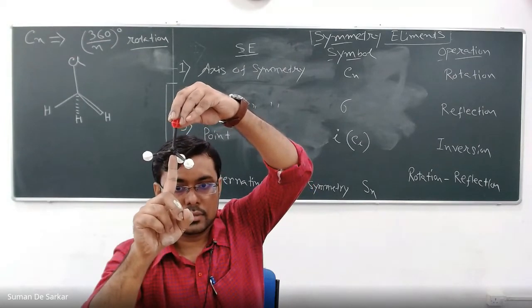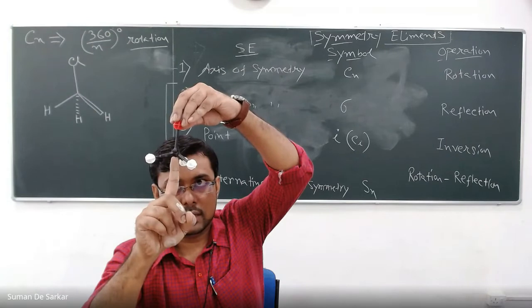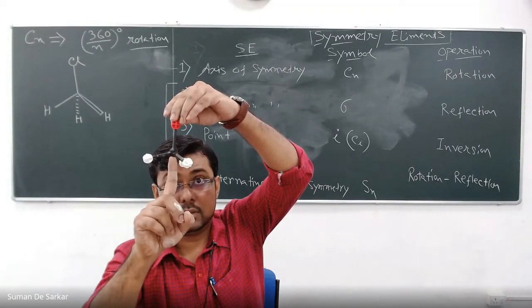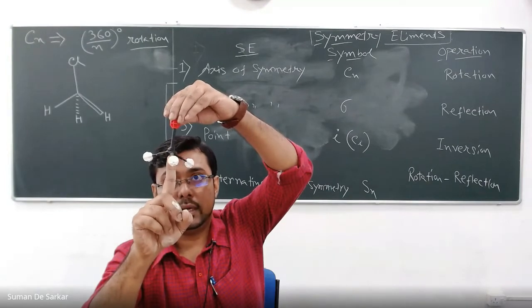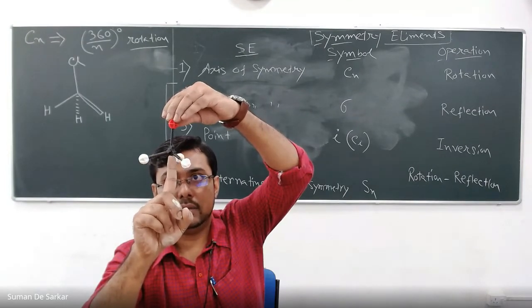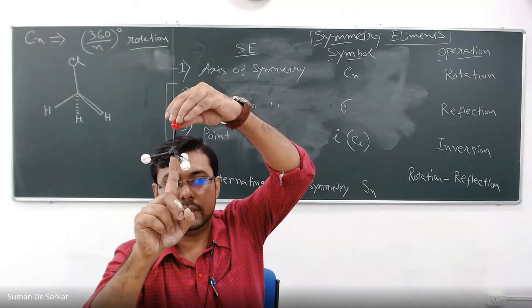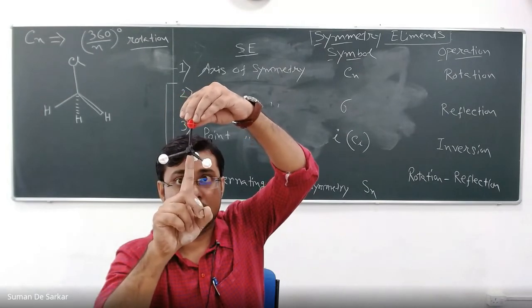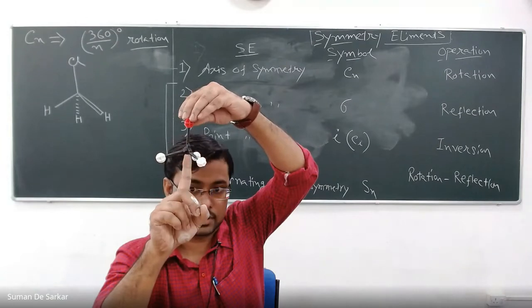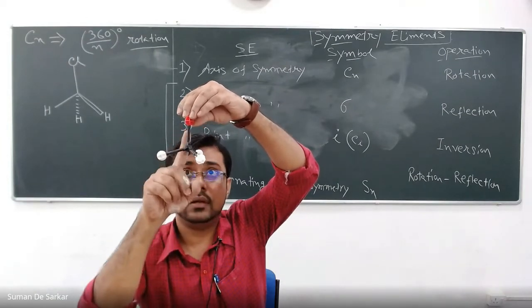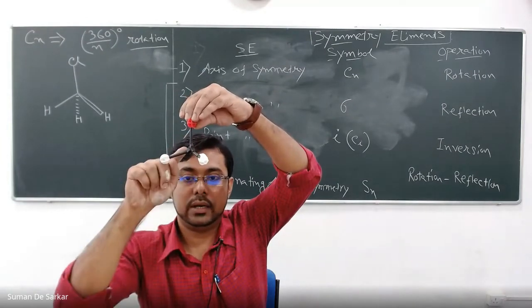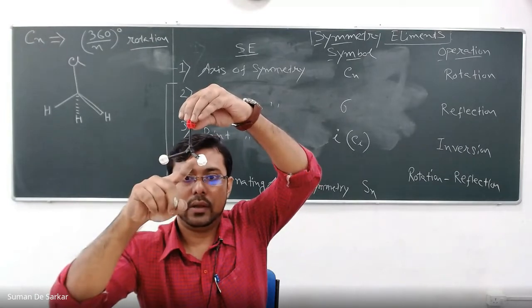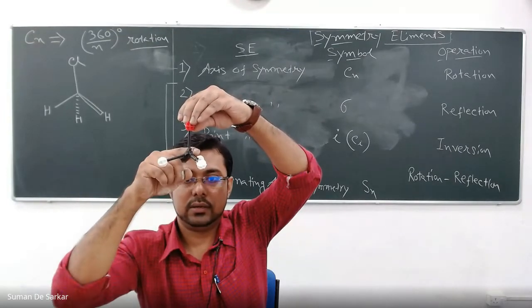The axis is done, the initial position is also done. Now the operation is rotation. You have to rotate to a certain degree so that the molecule regains the initial position. So I repeat: this is the initial position where the carbon-chlorine is like this, one hydrogen is going like this, another hydrogen is towards you, and the last hydrogen is away from you.